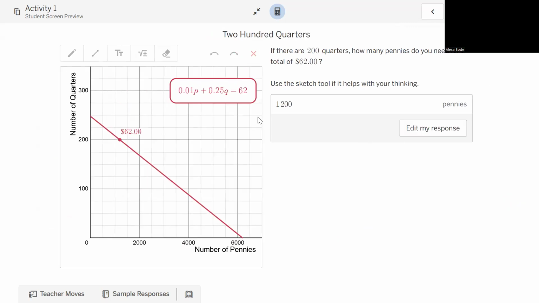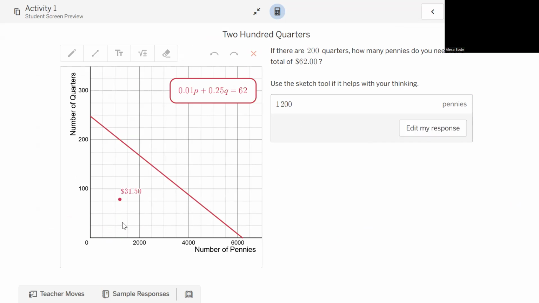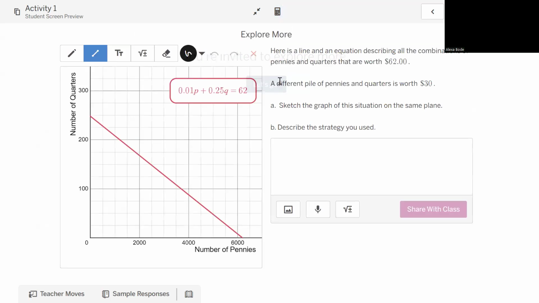When I hit submit, it goes over and up so that you can actually see that the point of 1,200 pennies and 200 quarters is on the line. Okay. This part here, you guys can skip on your worksheet because I'm going to skip this part of the Desmos.